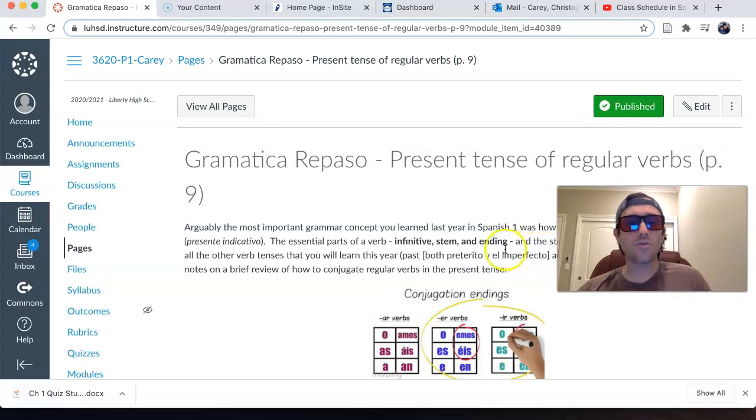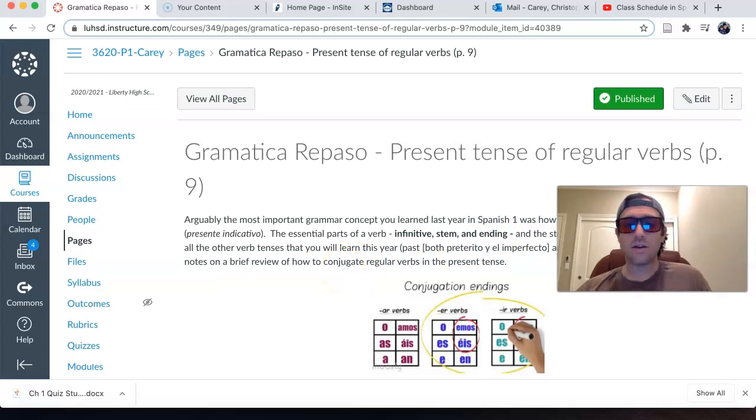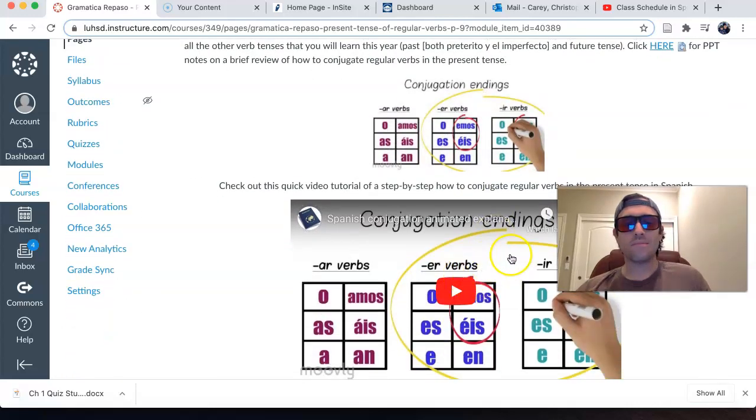Walks you through what the 3 parts to a verb are, what conjugating is as a process and how to do that. That PowerPoint will walk you through, and this video, guided practice video, will walk you through it as well. So please do make use of those resources should you be having difficulty with conjugating verbs.